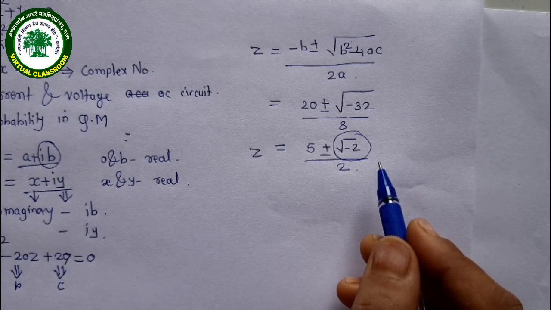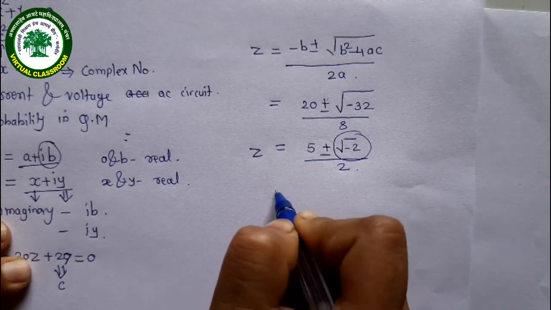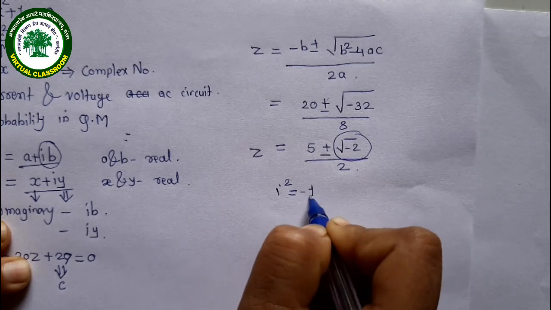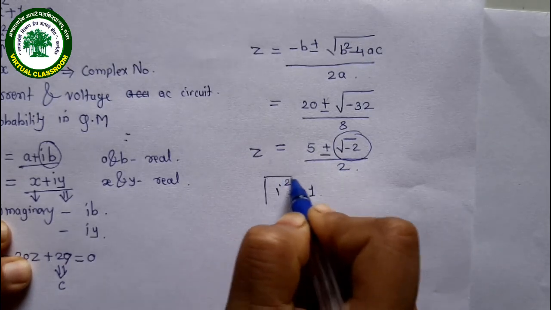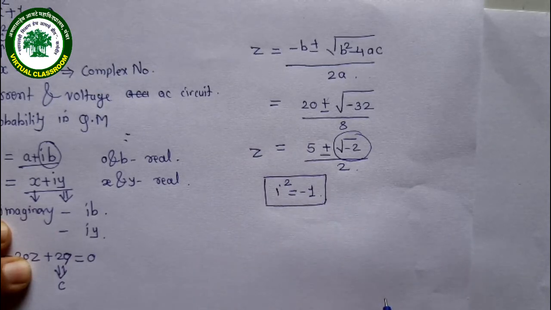As a result of that, we introduce a new number whose square, that is i square, is equal to minus 1. By using this concept, we have introduced the new number i whose square is minus 1.